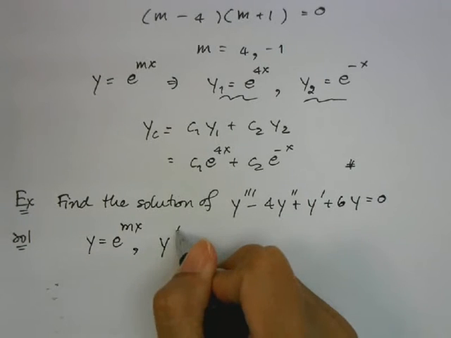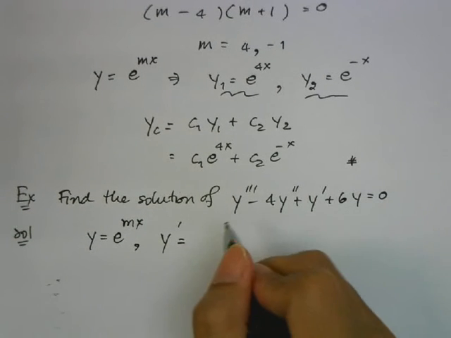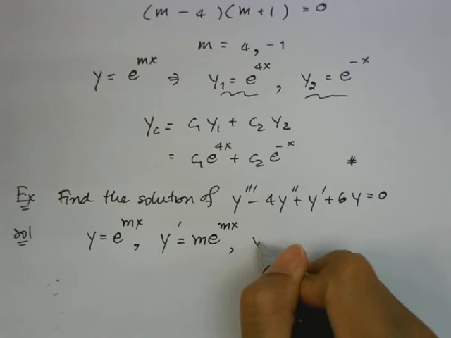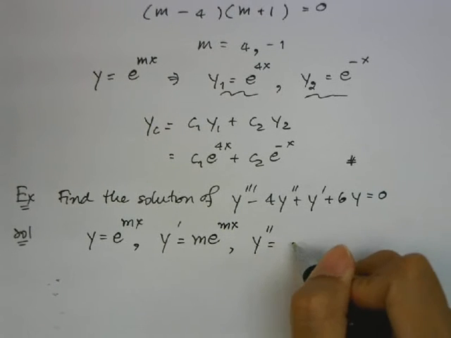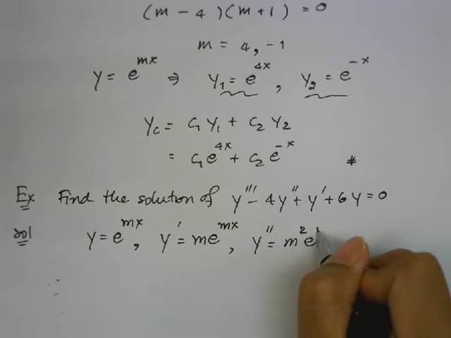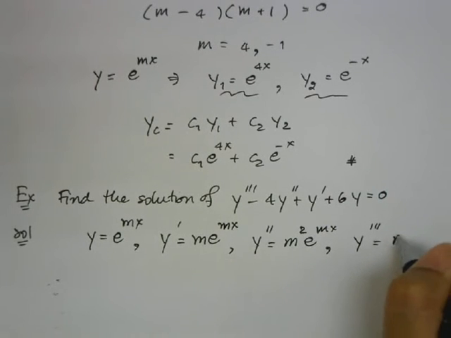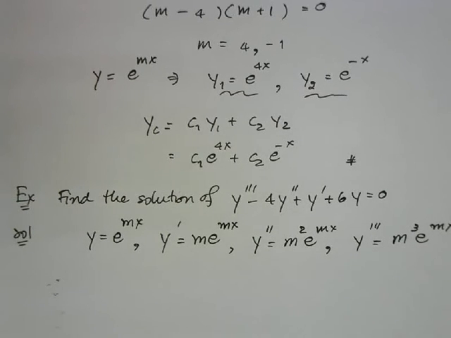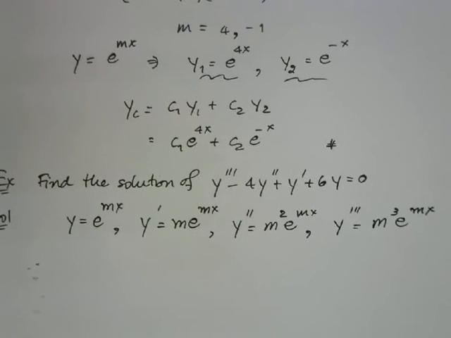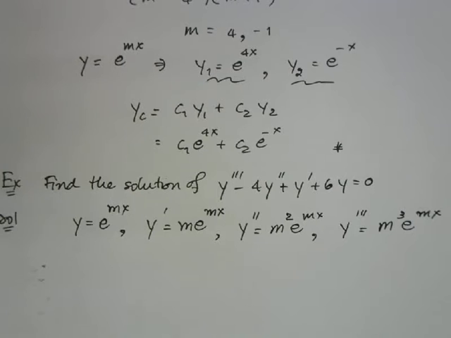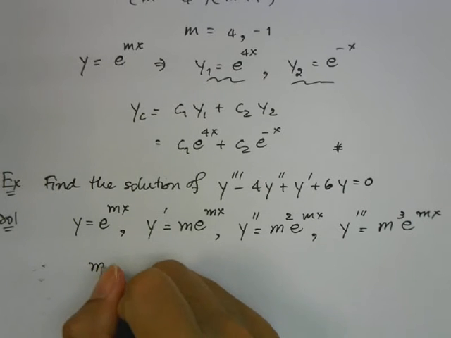The first derivative of y gives m exponential of mx, the second derivative gives m squared exponential of mx, and the third derivative gives m to the power 3 exponential of mx. Then you plug y and its derivatives into the differential equation.